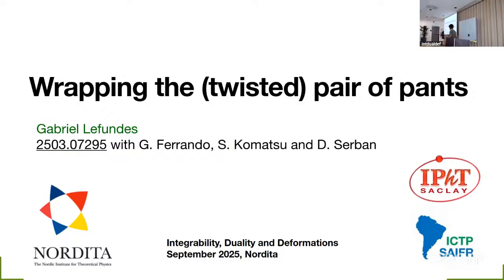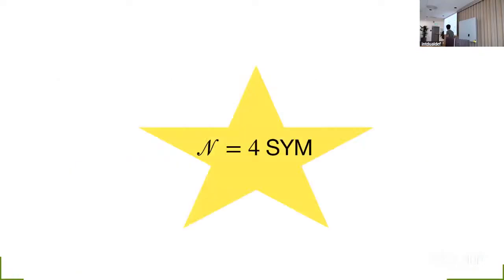So today I talk about this work that I did with these people here that I cannot show, but you can read. Our starting point is the theory, which is N=4 super Yang-Mills.